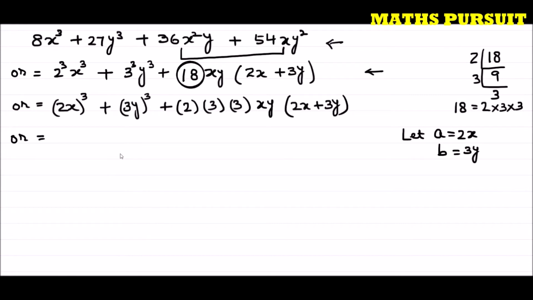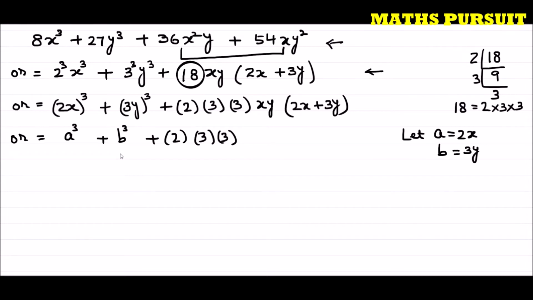Now instead of 2x I can write a, so this is a^3, and instead of 3y I'm writing b^3. Plus 2 as it is, then 3 into 3, and let me keep this one as it is.